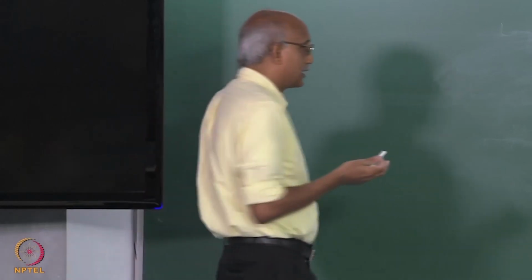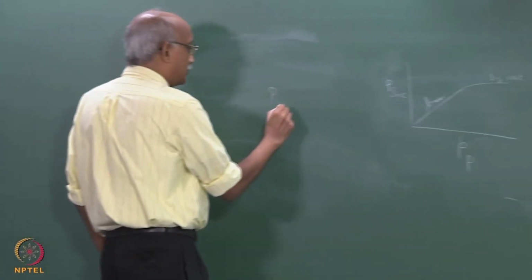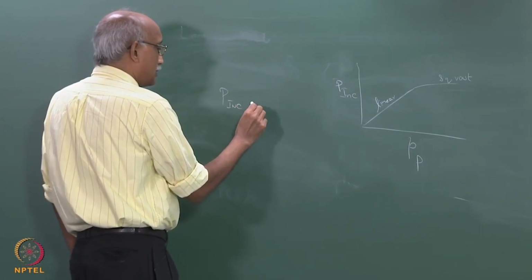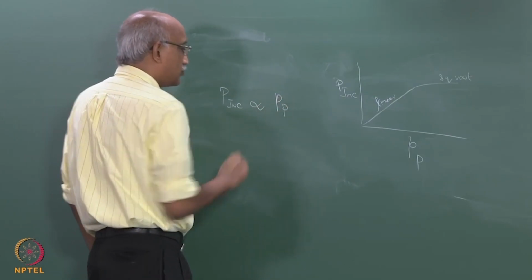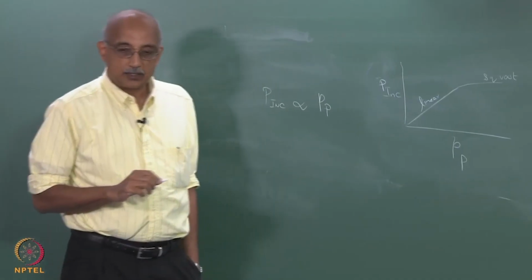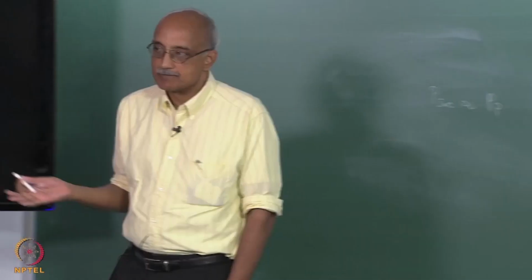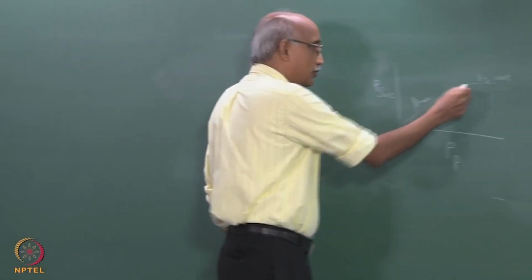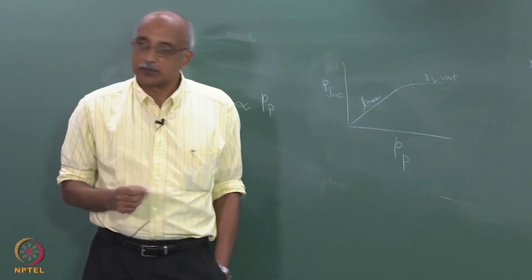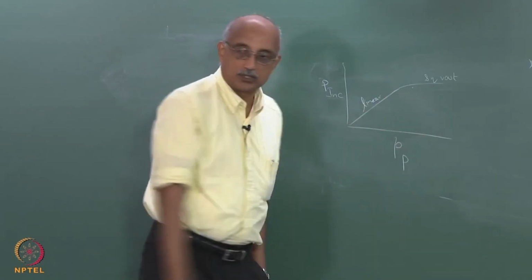The reason being that this P incorporated is obviously proportional to the partial pressure of phosphorus that is in contact with the substrate, and unless it saturates, you would not expect this type of behavior. And by the way, this is not related to saturation.